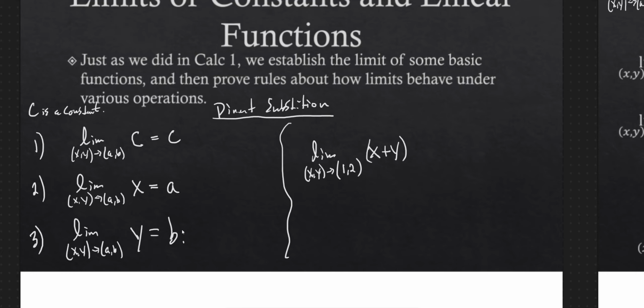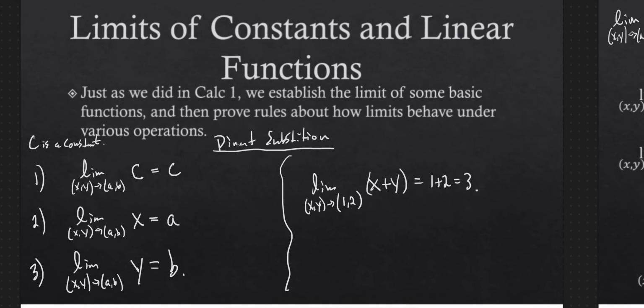This one would go to b, which is 2, and then I would take the sum of them. So this would be 1 plus 2, which just gives me 3. So that's what this allows us to do. We can take products of functions we already know and build our way up. So we have polynomials now, algebraic functions, things like that.